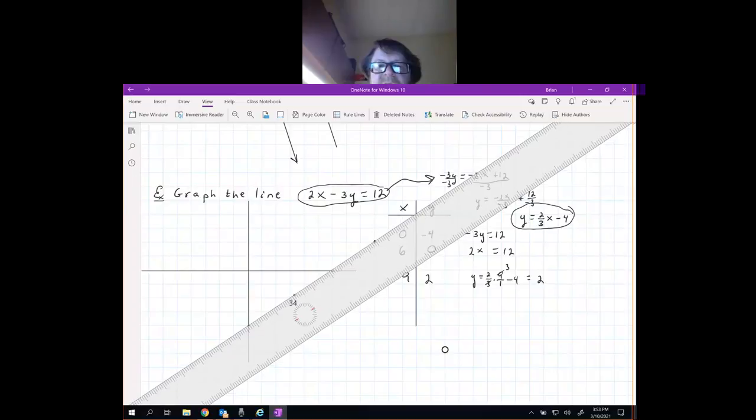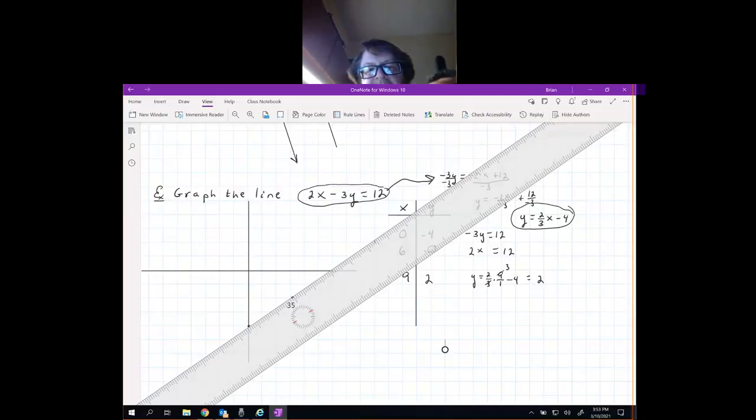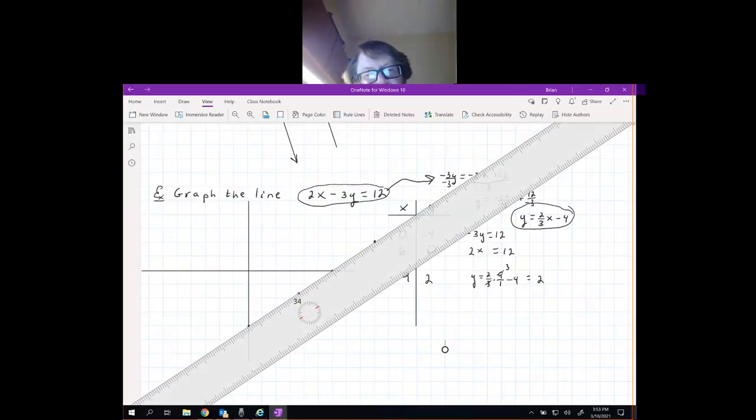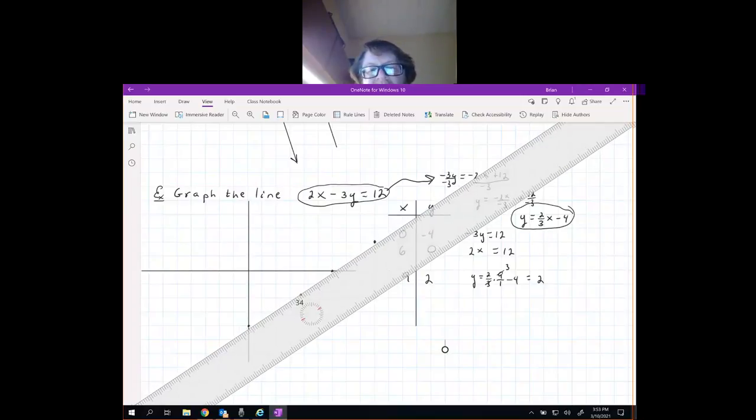I don't know. What do you think? Yeah. Let me see if I can get it. Oh, good. They actually lined up very nicely there. I don't know how much space I need. Figures.